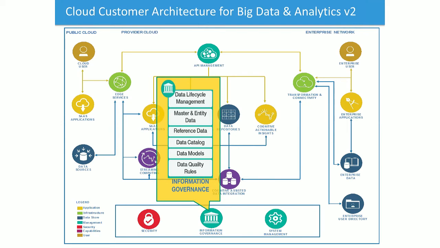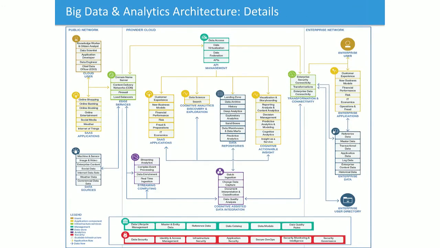We also have the data quality rules, as I explained already. So the information governance is really key to the entire system of insight. Okay, the next chart.